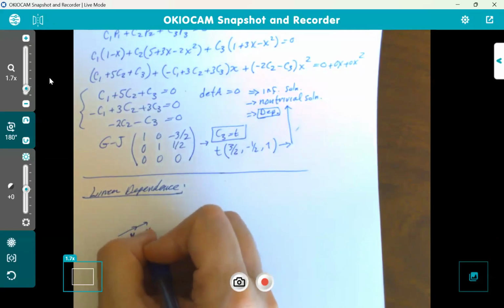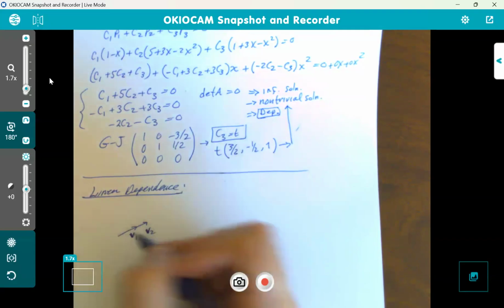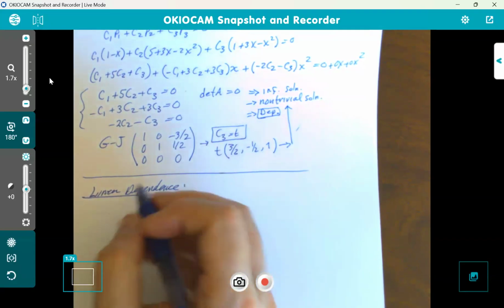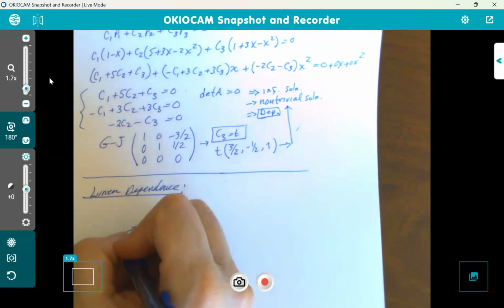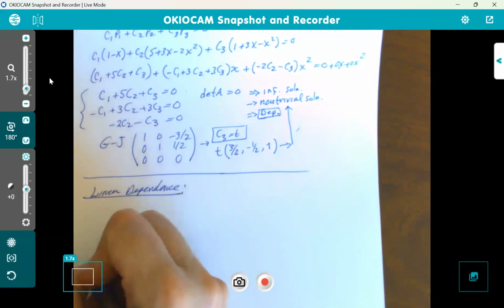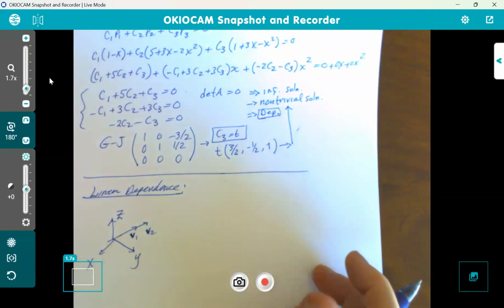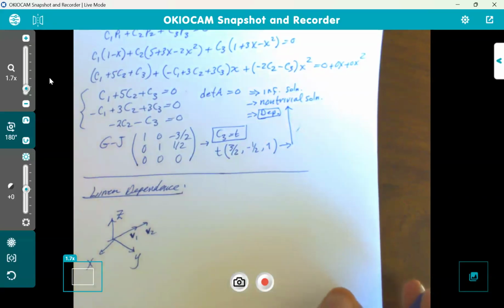I don't want to put arrows on them because then they will interfere with the arrows up there. So you have two collinear vectors, and there you go. Just throw in our x, y, z axes in there. So that's an example of linearly dependent vectors in R3.